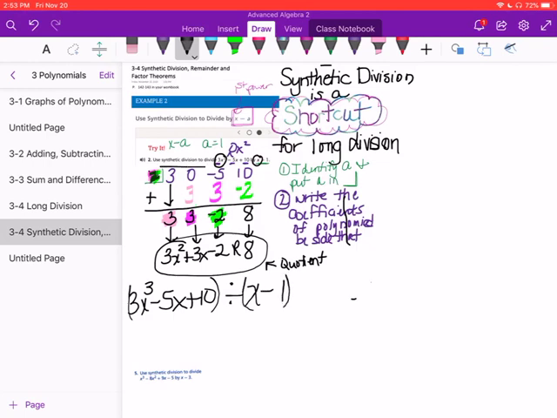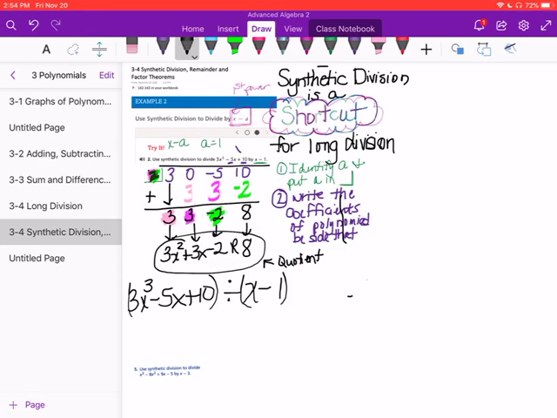Up here it said divide by x minus 1. Let me erase so you can see better. So I divided 3x cubed minus 5x plus 10 by x minus 1, and I got a quotient of 3x squared plus 3x minus 2 with a remainder of 8.